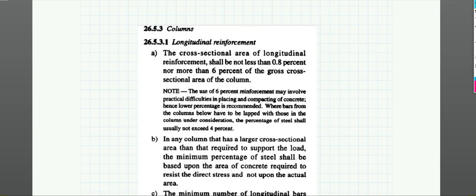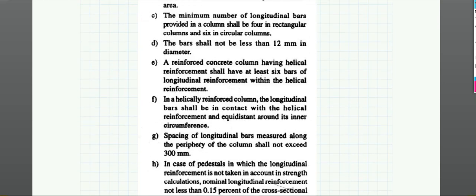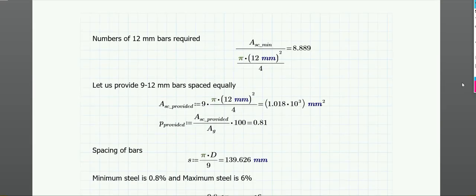Then the reinforcement requirements are in clause number 26.5.3. You can check it. Then how many bars are required? If you assume 12 mm bar, then it comes out to be around 8.8, that means around 9 bars will be required. So let us provide 9 bars of 12 mm spaced equally.